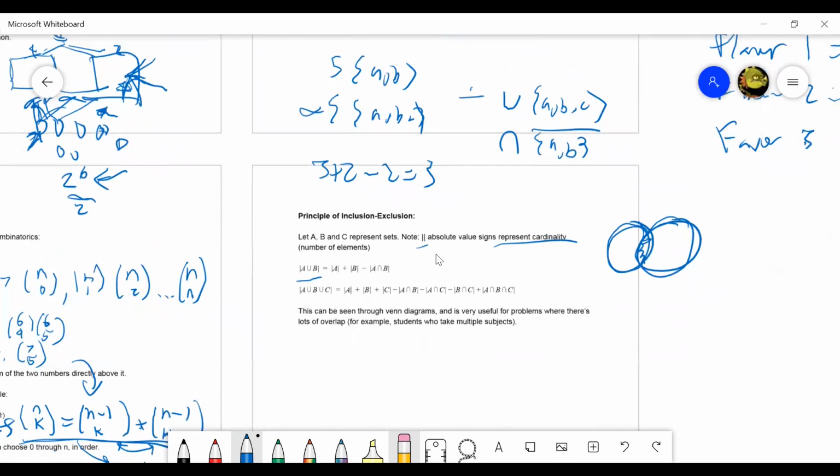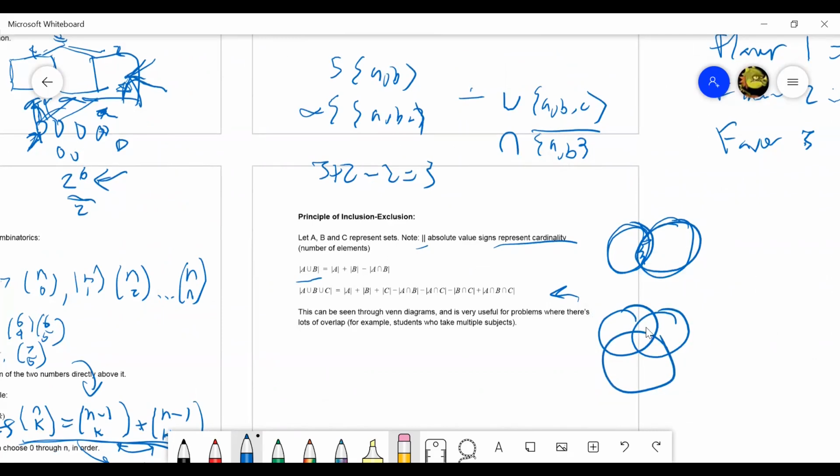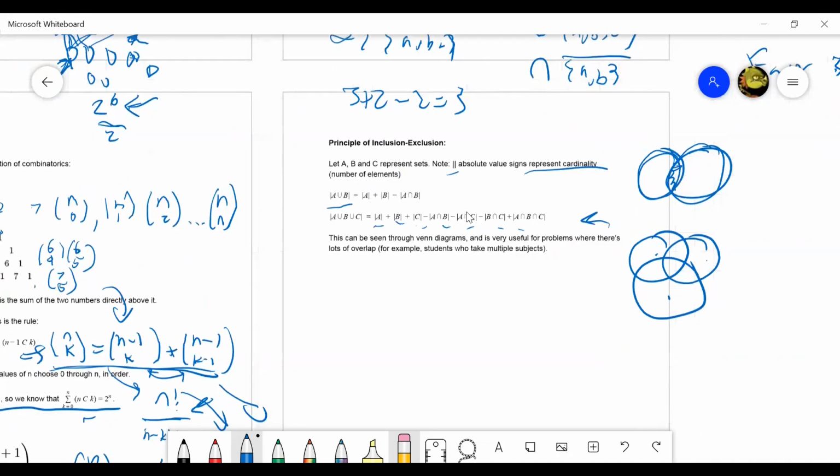The same applies to this one. I'm not going to read it out because it's kind of long, but it's for 3 different sets. Each region in the Venn diagram can be described by one of these expressions. And if you verify it by counting how many times each region is added and subtracted, you'll see that it should all be 1.